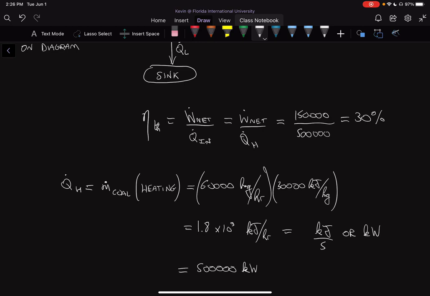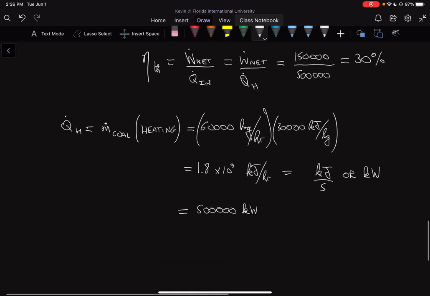So you could find Q dot L from that. It's not asked in the question, but you could say, I know that work dot net is equal to Q dot H minus Q dot L. So I could find Q dot L and figure out how much energy has gone to the sink, essentially, or to our river, for example.